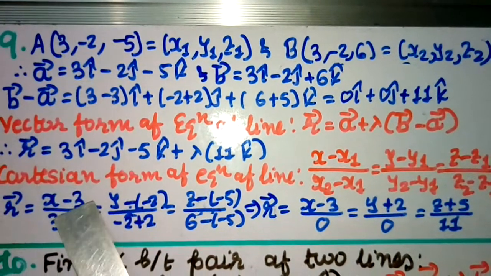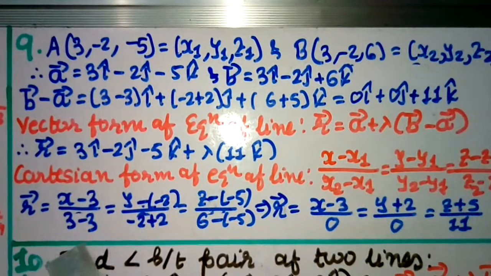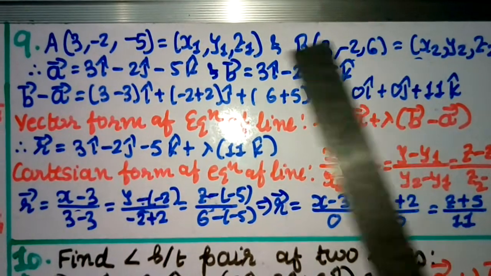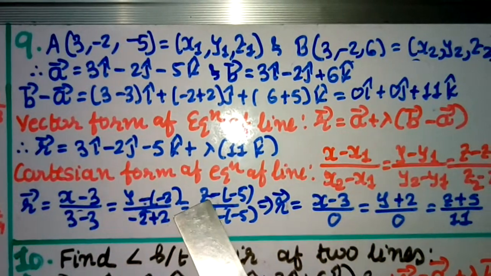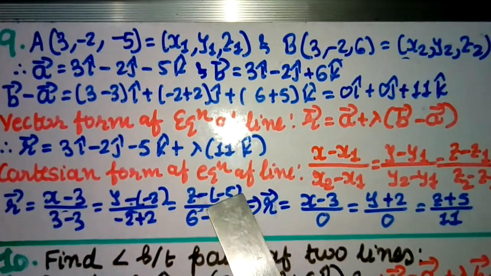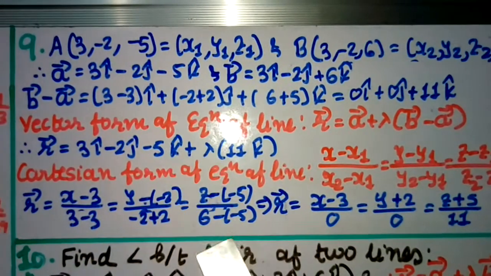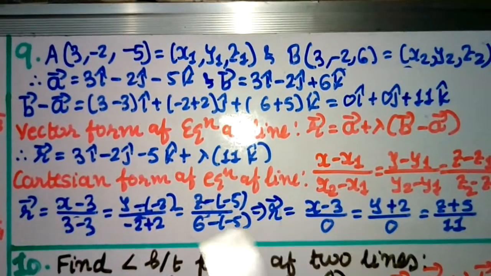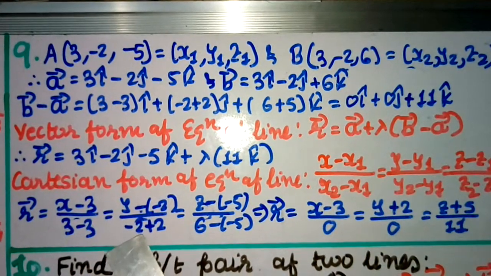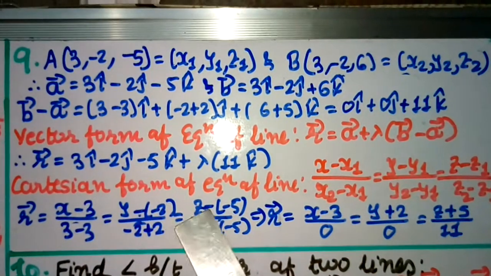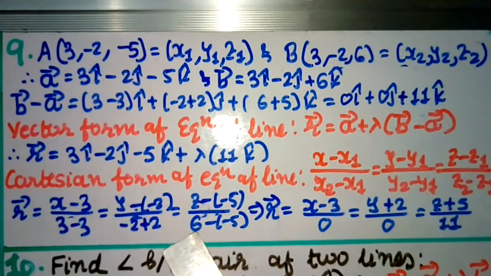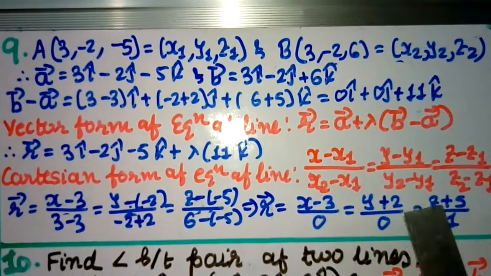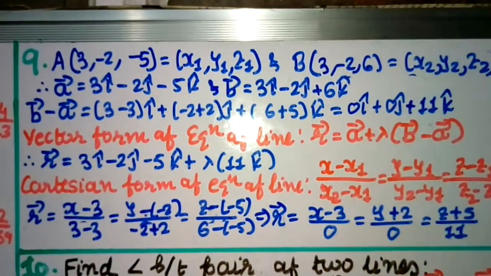So (x minus 3) divided by (3 minus 3) equals (y minus -2) divided by (-2 minus -2) equals (z minus -5) divided by (6 minus -5). That is, (x minus 3) divided by 0 equals (y plus 2) divided by 0 equals (z plus 5) divided by 11. So this is the Cartesian form of the equation of the line, and the earlier one is the vector form.